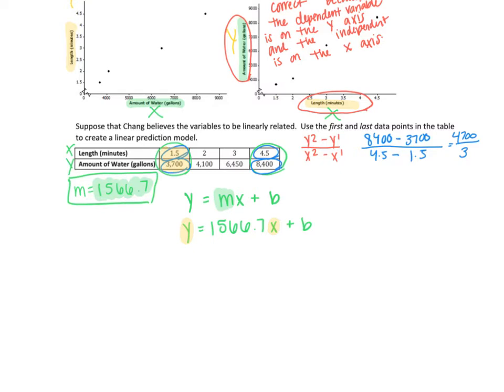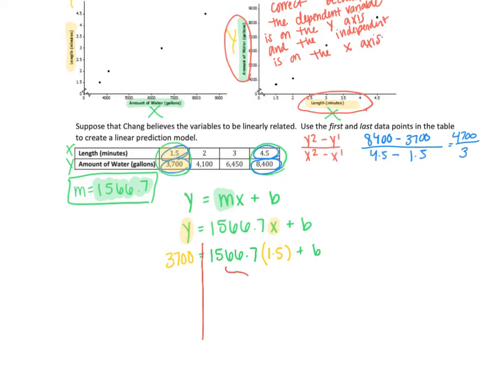So the y variable there is 3,700. So I have 3,700 equals 1,566.7 times my x value there, which was 1.5, plus b. And now I'm going to solve for this b value.